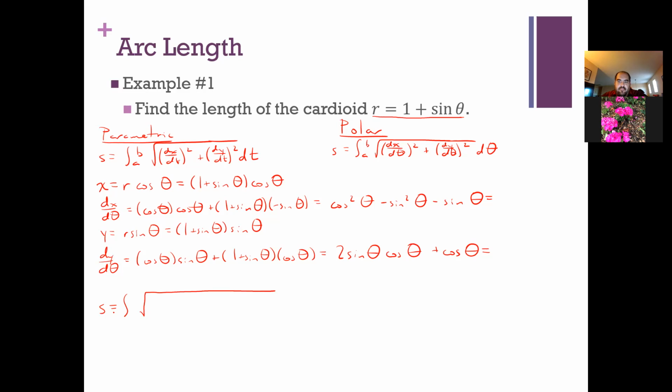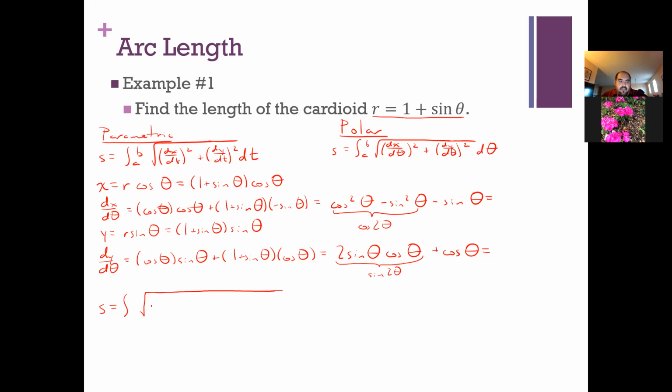Oh yeah, one of them is cos theta, the other one is sine theta. Yep, so this right here is cosine 2 theta, and this one here is sine 2 theta. Hopefully that makes this a little simpler to deal with.